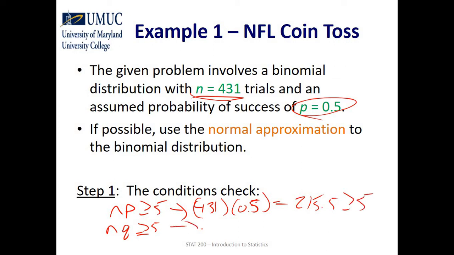And q is going to be the same thing: 431 times 0.5, which is also 215.5. That's because the probability of success and failure are the same, because we assumed a probability of 1/2 for success. So these are both greater than or equal to 5.